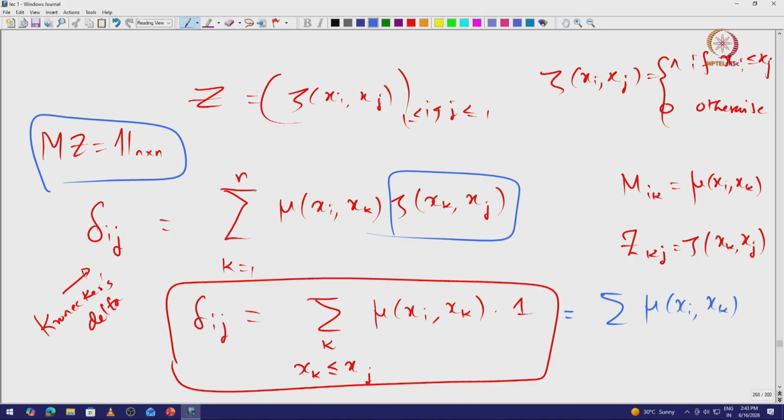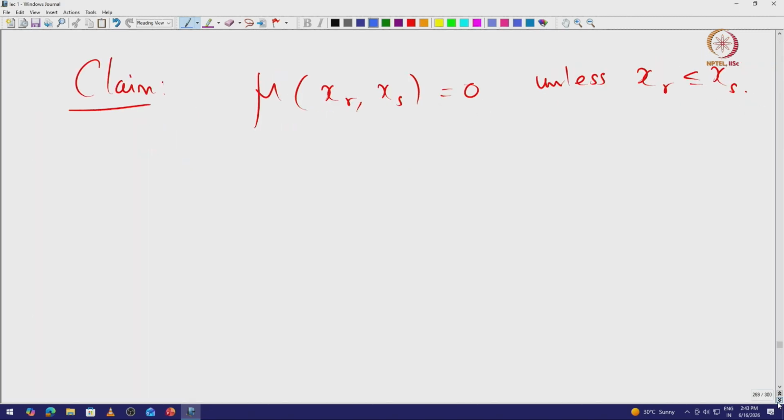Now, this mu of x_i x_k only survives when x_i is less than or equal to x_k, which is already less than or equal to x_j, and this is exactly equal to delta ij. So, if we work with this equation, we have delta ij equal to the summation of mu of x_i x_k, where x_k runs over the interval between x_i and x_j.